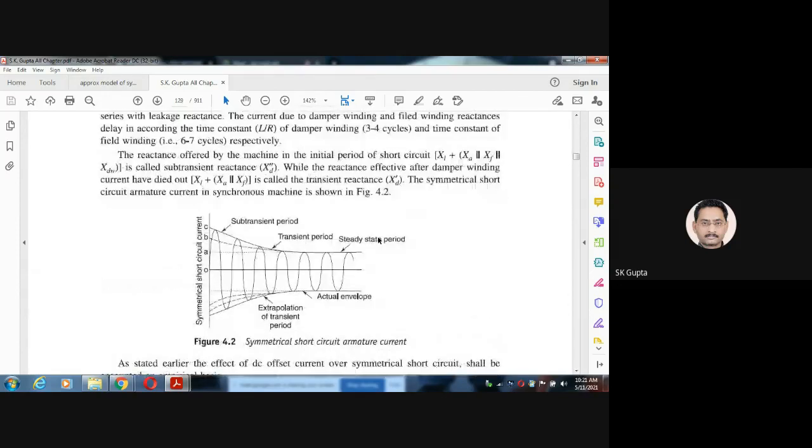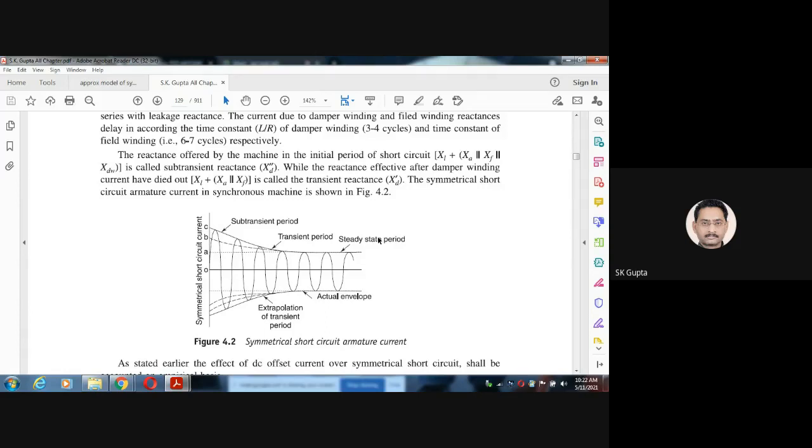X is not constant. We studied this earlier in the previous semester. In the synchronous machine, when we say XS, meaning synchronous reactance, it is not simply a synchronous reactance. XS can be a combination of leakage reactance, armature reactance, field winding reactance, and damper winding reactance.